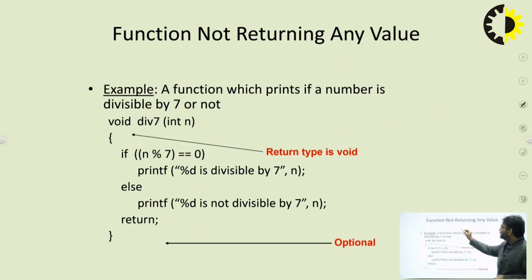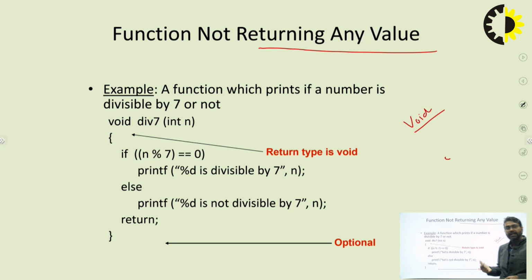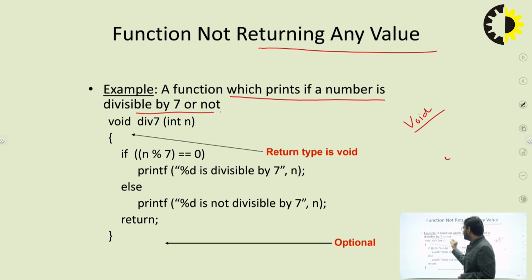Now, a function without returning a value means the return type of the function is void. So it is not necessary that every time a function has to return a value. You can create a function which does not return any value. For example, a function which prints whether a number is divisible by 7 or not.